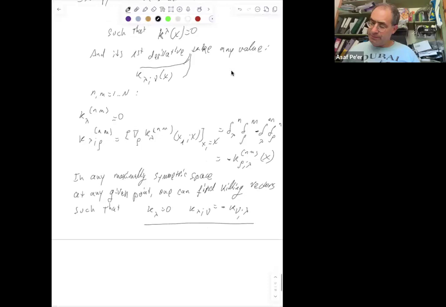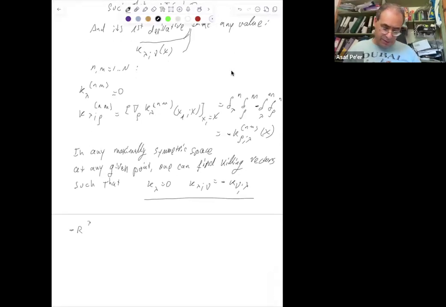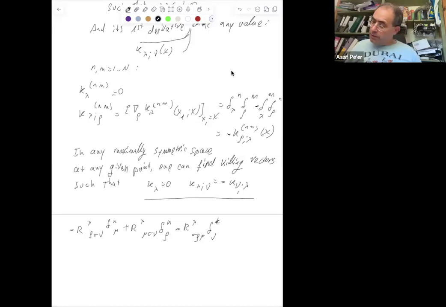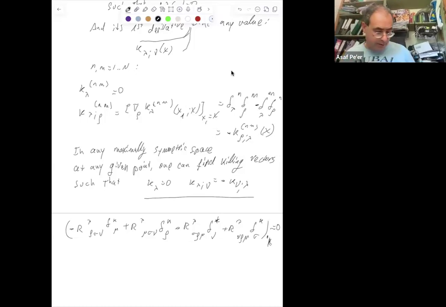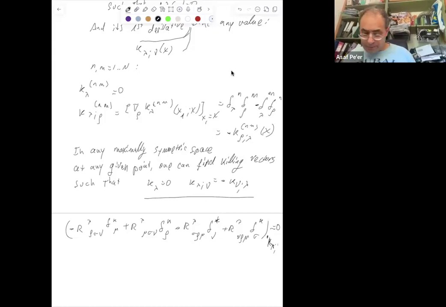So what we're going to get is minus R_lambda rho sigma nu delta_kappa mu plus R_lambda mu sigma nu delta_kappa rho minus R_lambda sigma rho mu delta_kappa nu plus R_lambda nu rho mu delta_kappa sigma equal to 0, times k_lambda;kappa.